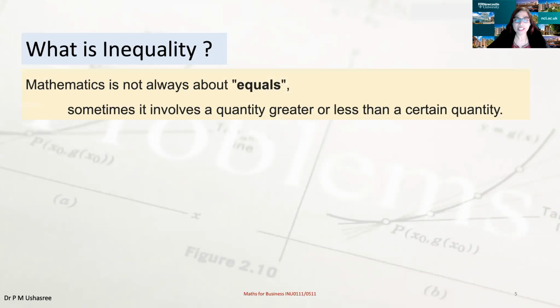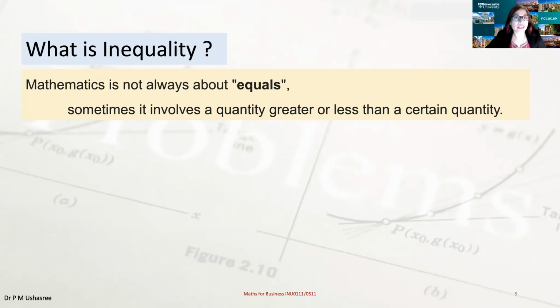Okay, so what is an inequality? All this time, that is the last couple of weeks, you have been using equations, but mathematics is not always about equations with equal signs, where the left hand side is equal to the right hand side. It's not always equal to some quantities.